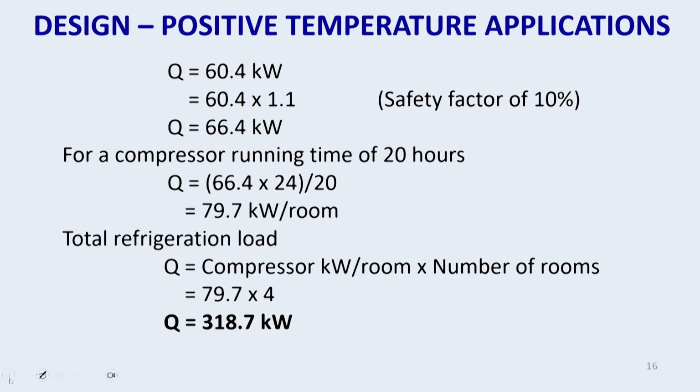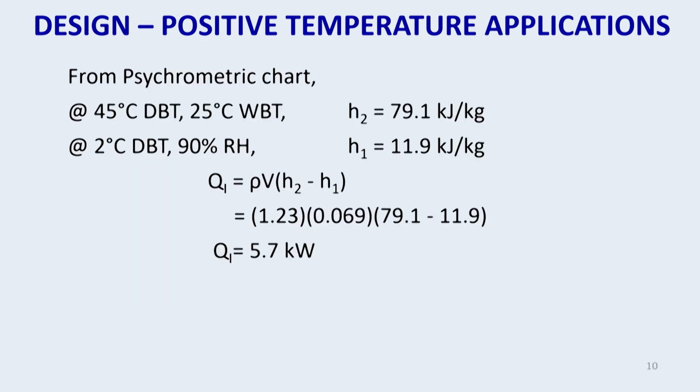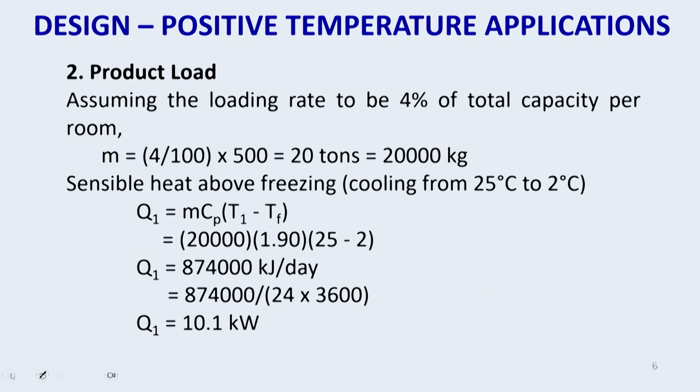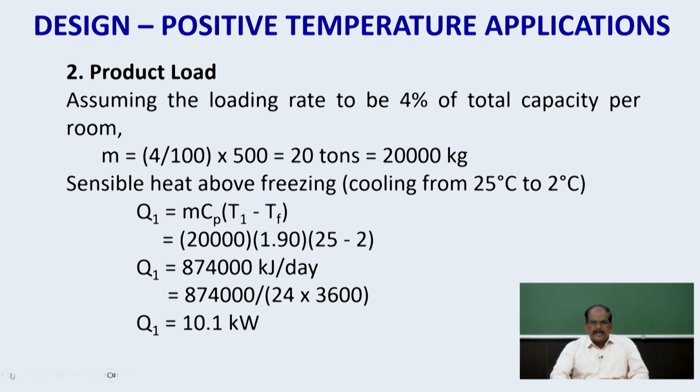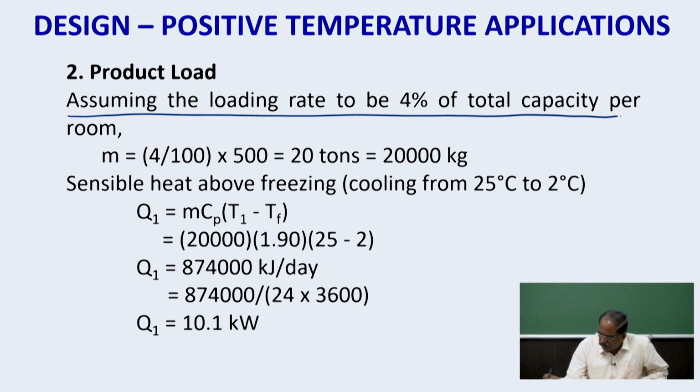Before that, we have to calculate the mass of the product. Assuming the loading rate can be maximum 5%, normally it is assumed 4%. Assuming the load to be 4% of the total capacity, M is equal to 4% of 500.